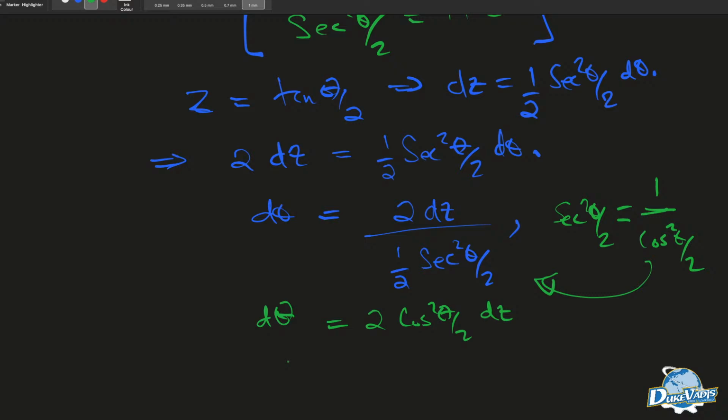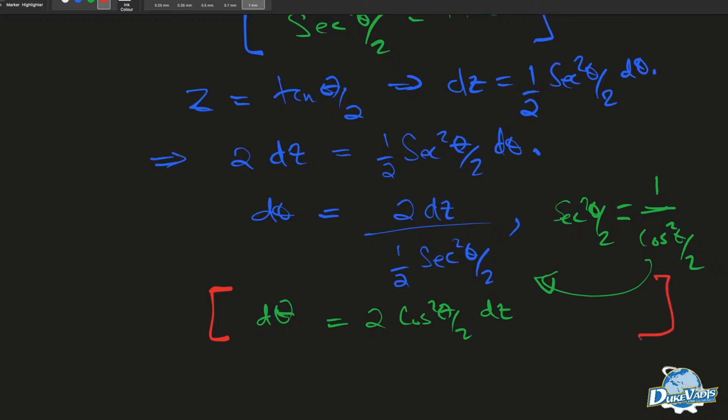Well, let's put this one aside, because we will use it again. Now we said dz is equal to sec squared theta d theta. So now we'll be able to get our d theta here.